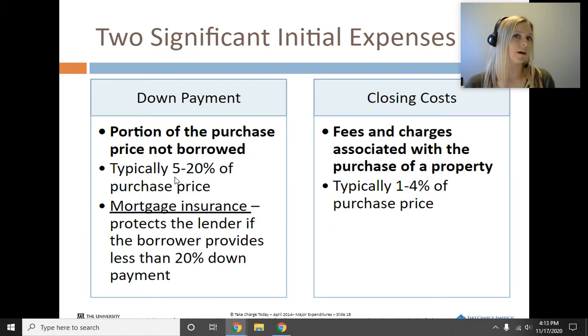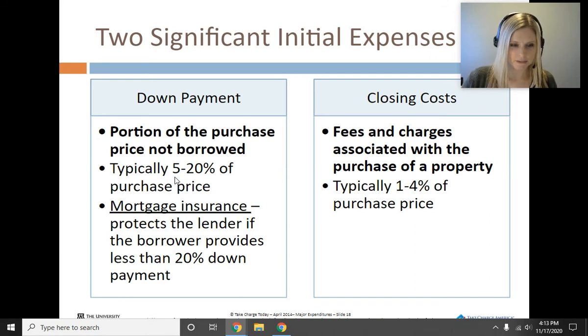So maybe it would be required that you put at least $5,000 down in cash. That means you're going to be getting a loan for the remaining $45,000. But that is going to help you by reducing the amount that you're going to have to borrow and shortening the loan, therefore, because you're going to have less interest built up over time.